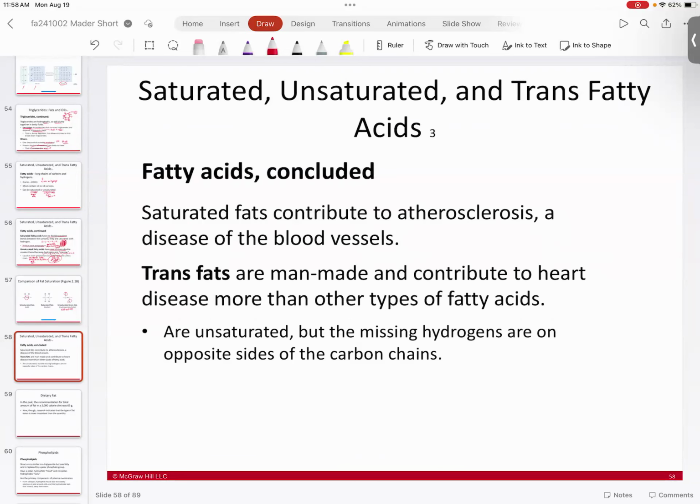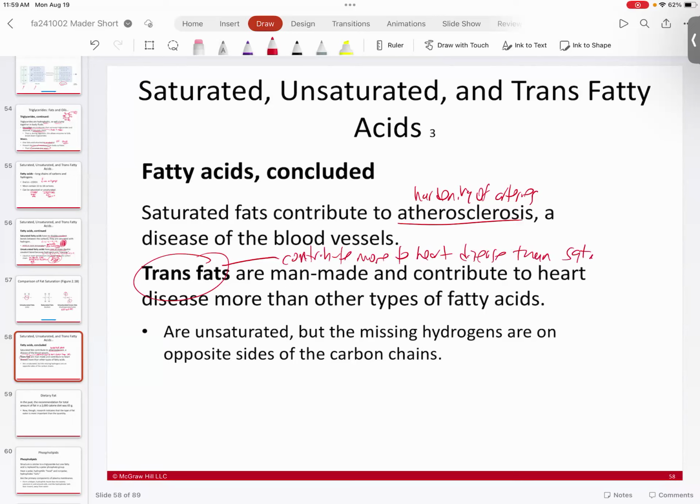So typically your saturated fats tend to contribute to atherosclerosis, which is basically hardening of the arteries, and it increases that. So that's bad. And trans fats actually are worse. They contribute more to heart disease than the saturateds.